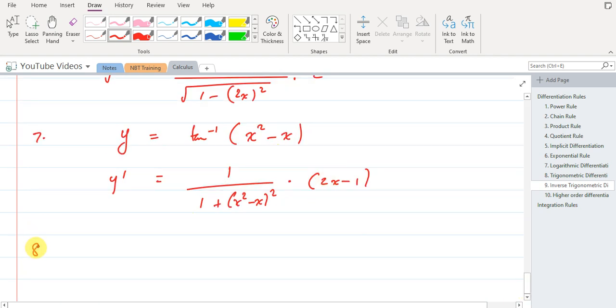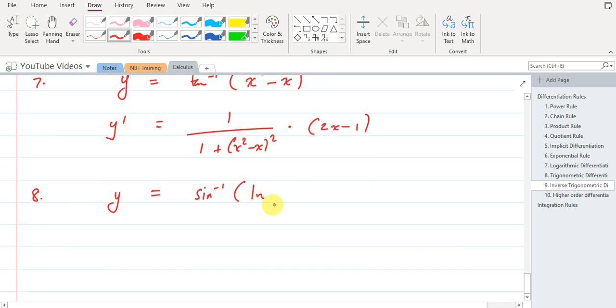Number 8, something a little bit more difficult. What if I have to find the derivative of y is equal to sine inverse of ln 3x squared?